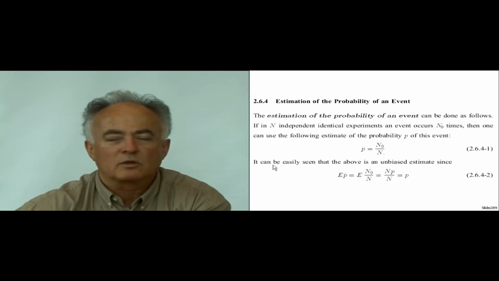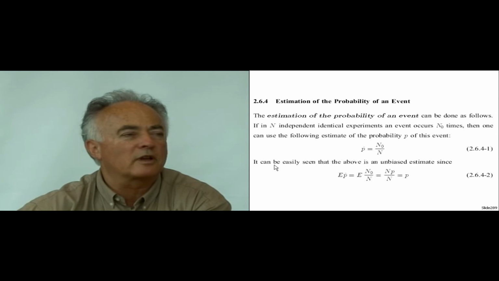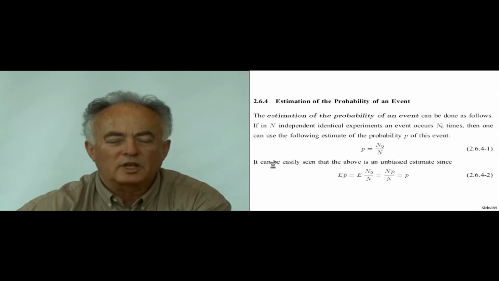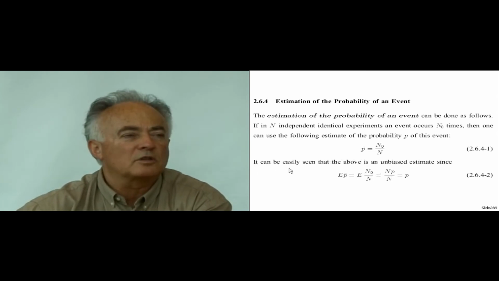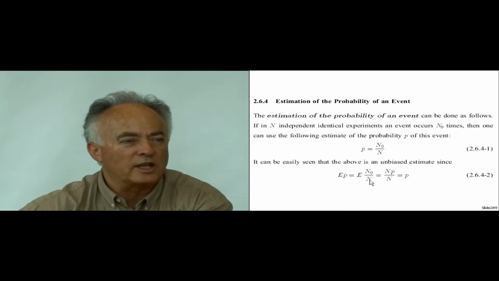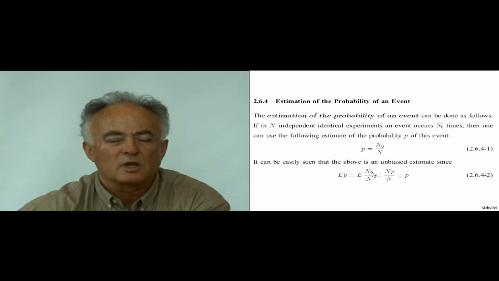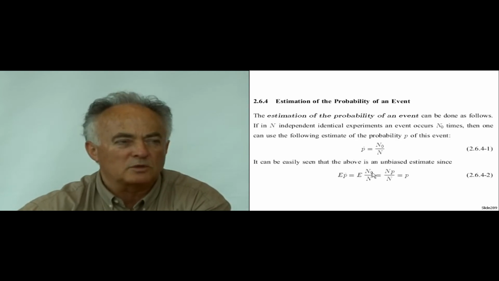Clearly, the first observation about this estimate, which has not been justified, even though it can be derived rigorously, is that it is an unbiased estimate because the expected value of p hat is the expected value of n0 over n. n is not random, but n0 is random because n is a number of experiments, n0 is a number of outcomes.